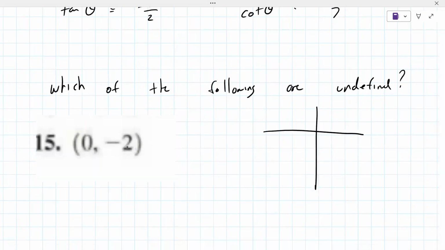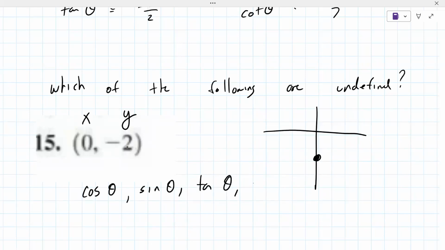So 0, -2, where is that? That's down here. This is X, this is Y. So which of the following are undefined? Cosine theta, sine theta, tangent theta, secant theta, cosecant theta, and so on. So it's really the same question. You really need to find sine, cosine, tangent, all of these, but some of them will be undefined and some of them will be defined.